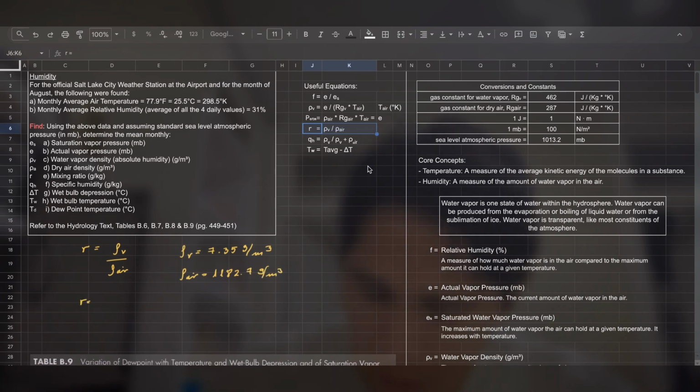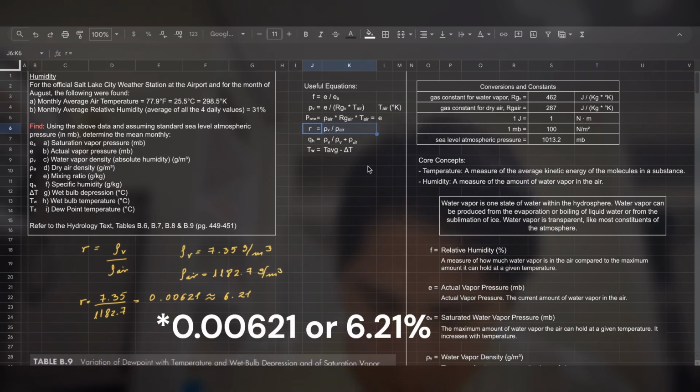So solving for these two values, we have 7.35 over 1000, and they both have the same units, so the units cancel, and that's going to be equal to 0.00621, which is about 6.21. And so that should be the answer.